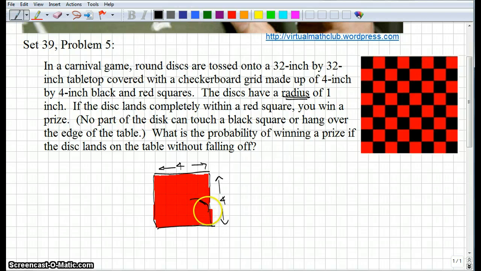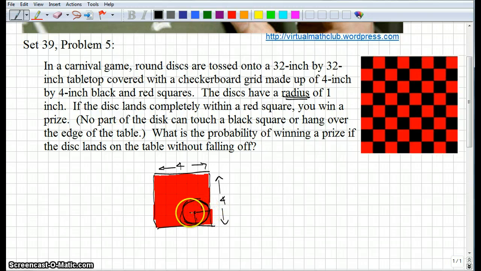Let me sketch in what this disc would look like at one of its extremes. Okay, so there's one of the discs. In order to land completely within a red square, the center of the disc has to be at least 1 inch from the edges of this red square.